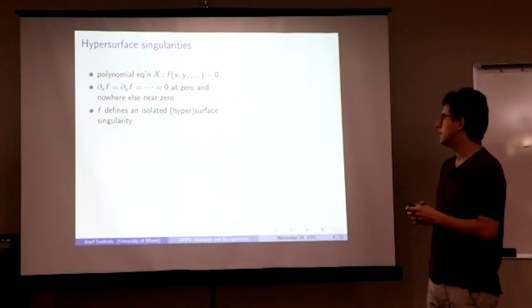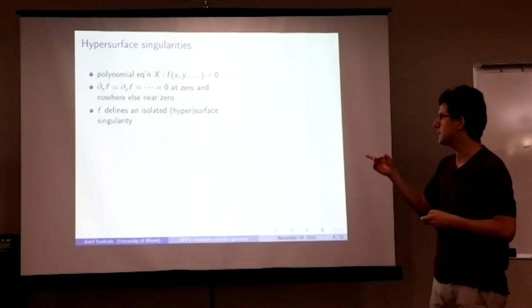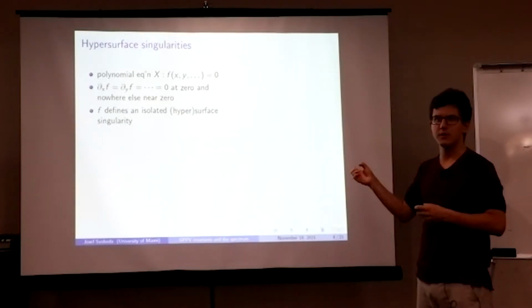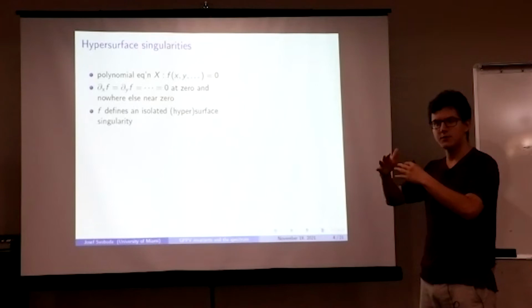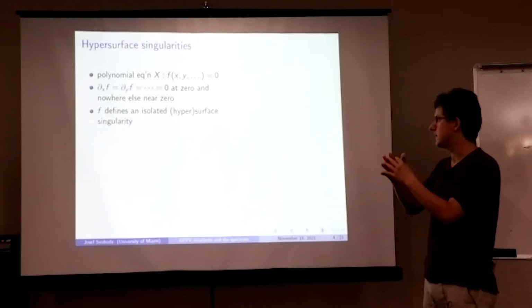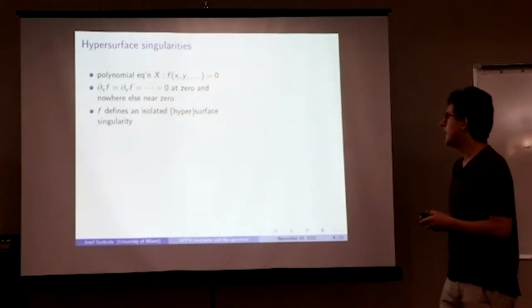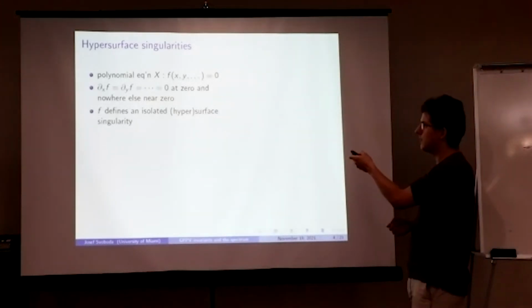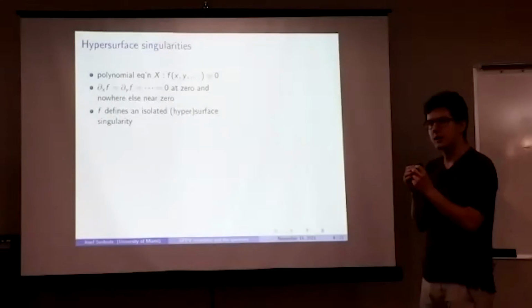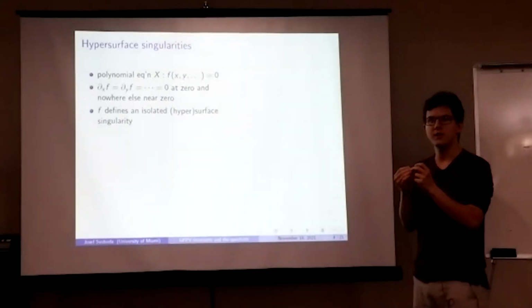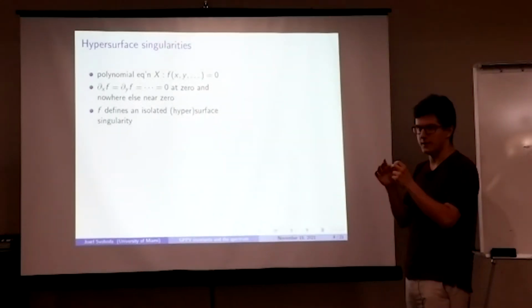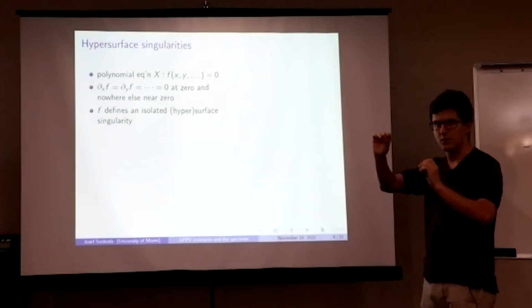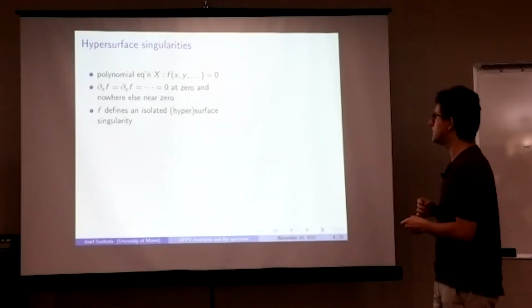So then we say that f defines an isolated hypersurface singularity, because the zero set of f is a surface, or in general a hypersurface, and this condition on the partial derivatives tells us that actually there is a singular point on this hypersurface at zero, and it's isolated. There are no other singular points near to it.